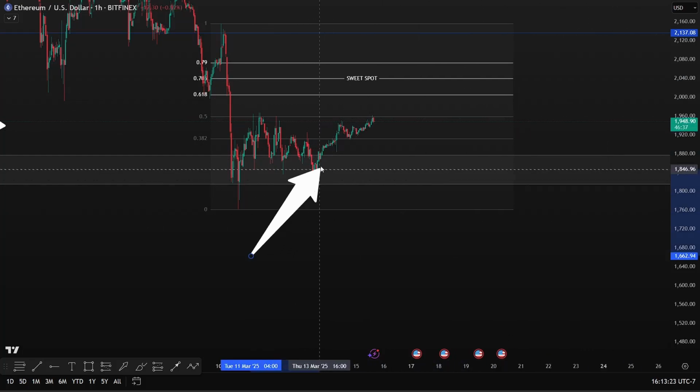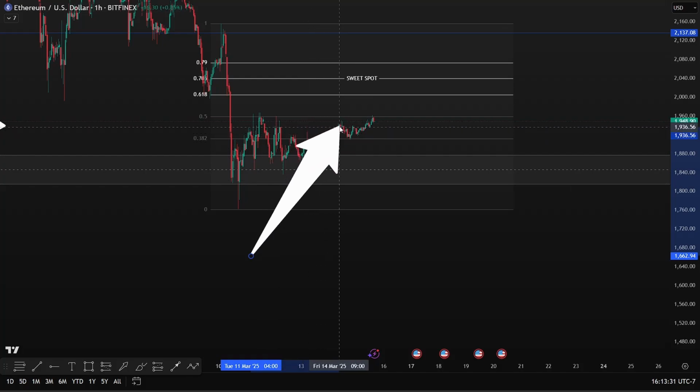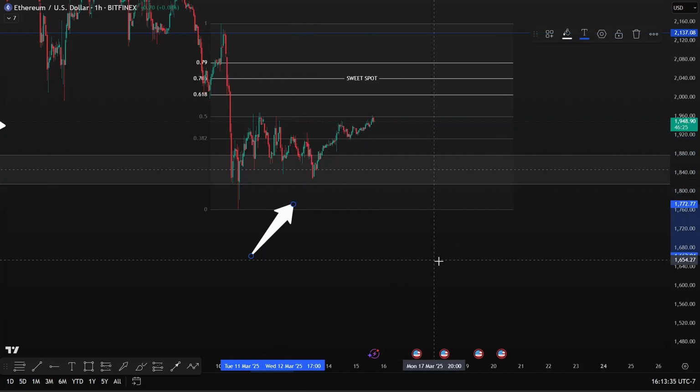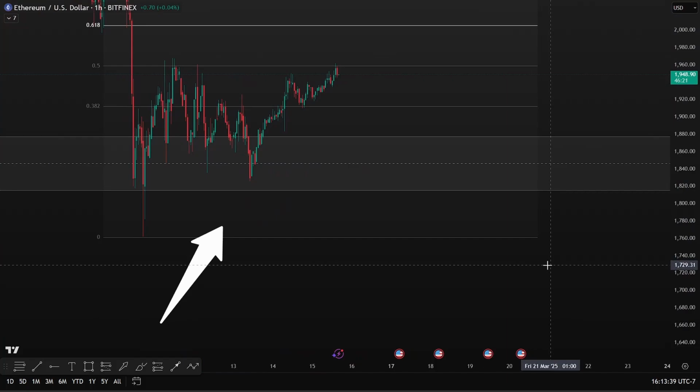And then price pushes up and starts breaking market structure through here and up here, right? The 1 hour becomes bullish here, and so I said, okay, price looks like it's bullish.